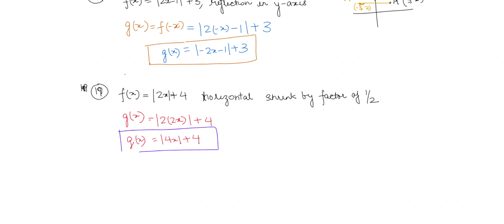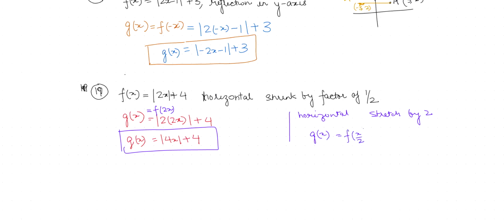Okay, so instead of this, if it had been given a horizontal stretch by 2, because stretch is definitely greater than 1, then what we would have done is, I forgot to write here, f of 2x. In this case it would be f of x by 2.